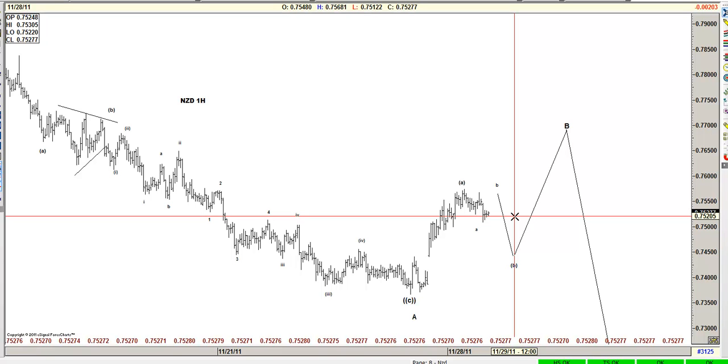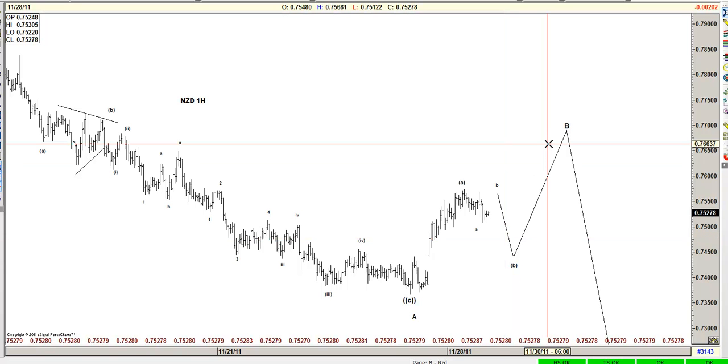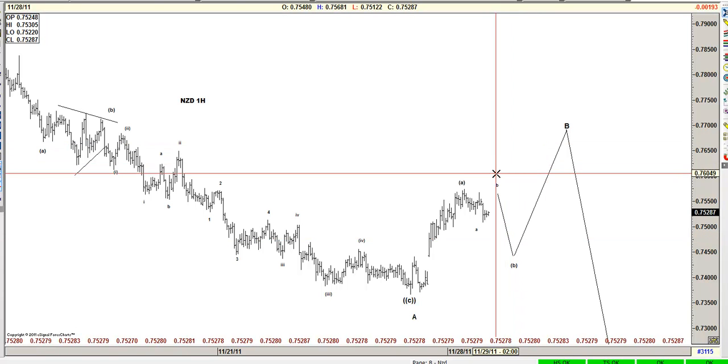So this is telling me that most likely we're going to see some type of dollar strength next, and that's the reason why we cannot change.